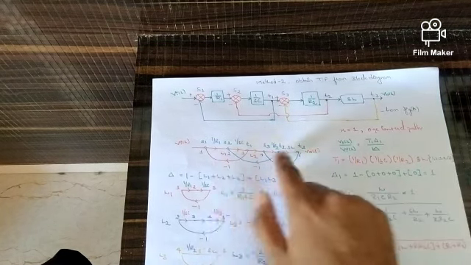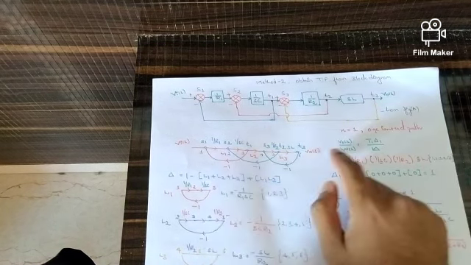You just number all the nodes from 1 to 6 and represent it as it is. Next is the loops. The loops here are from 1 to 2, 2 to 3, and again from 3 coming back to 1. This is one loop. Again 2 to 3, 3 to 4 and 4 to 5, and it comes back to 2. Again the loop is 4 to 5, 5 to 6, and it comes back to 4.